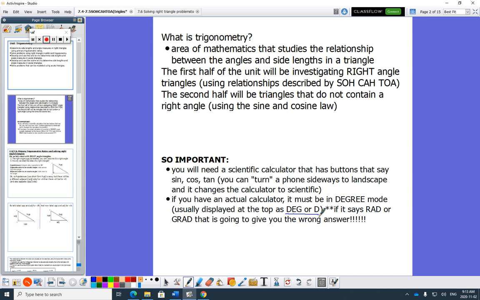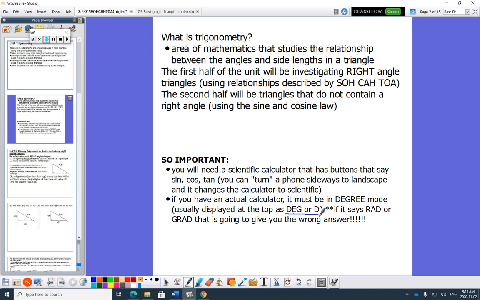If it says rad or grad, that is going to give you the wrong answer. So some calculators will say DEG, and some of them just say D, okay? So you need to know how to get your calculator into degree or D.